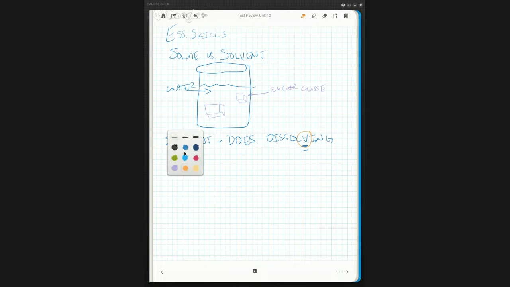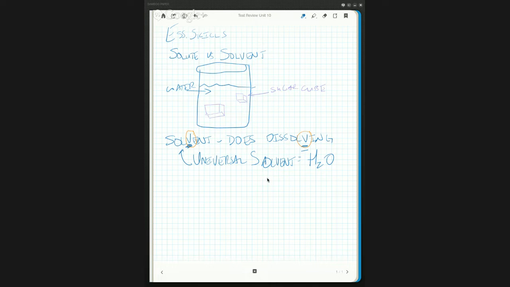And the other thing that I like to ask is always like, what is the universal solvent? And the universal solvent is water. So pretty much everything, for the purposes of this unit, for the purposes of what we're doing right now, everything's dissolved in water. And I think that makes it a little bit easier.